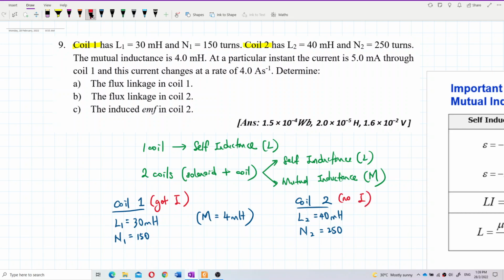So coil 1 provides the magnetic field, or the magnetic flux, for coil 2, and EMF2 is induced in coil 2 through mutual induction.